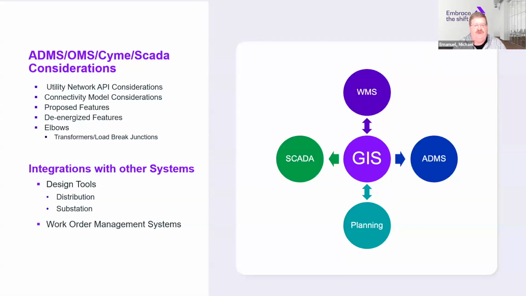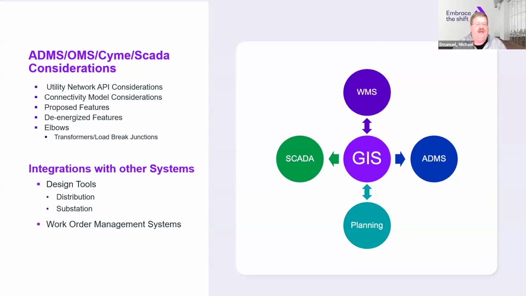Finally, and this is the big one, your GIS and how does it interact with the various systems that exist within your organization. Whenever looking at other tools, first thing you should consider, is there a utility network API? More and more tools are including that. They can read either the JSON files that are being exported when you do a subnetwork export, or they can read directly from the GIS itself.